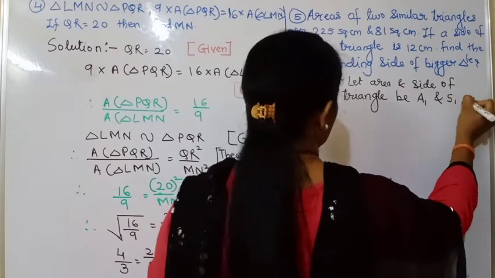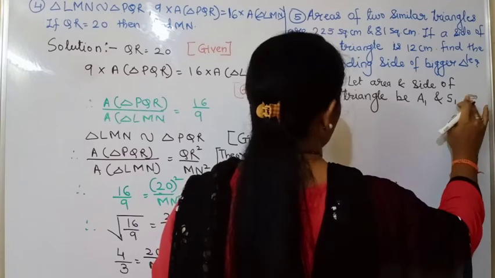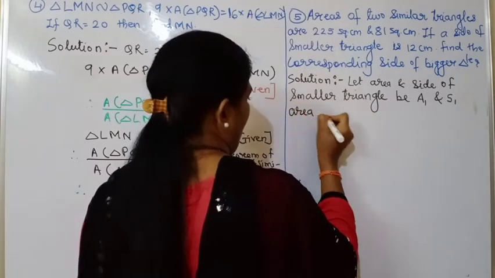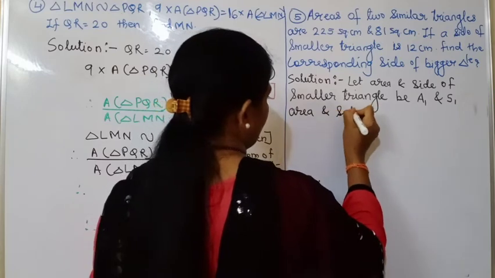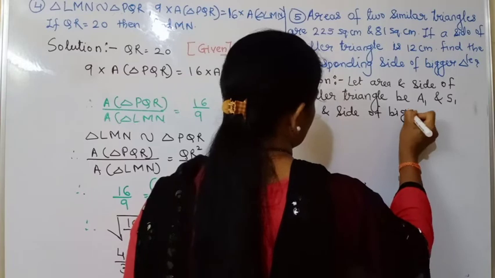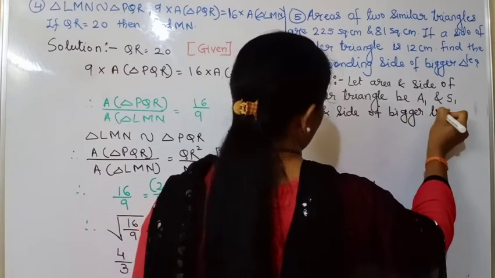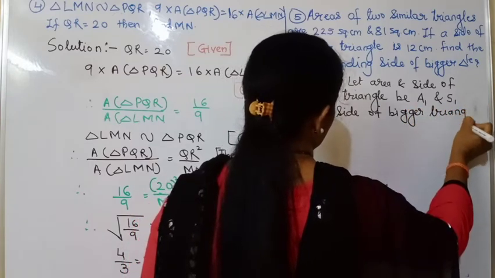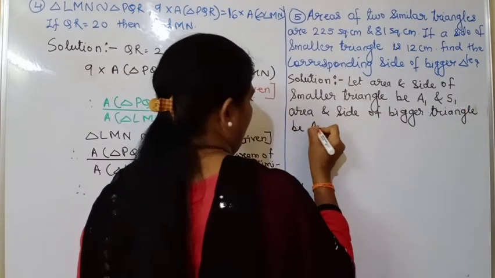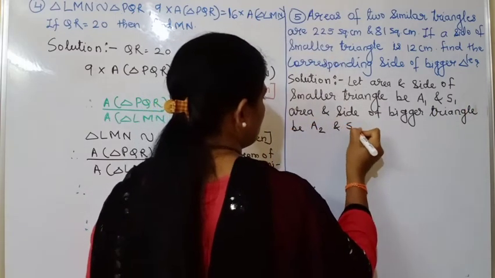Okay, and similarly area and side of bigger triangle be A2 and S2.